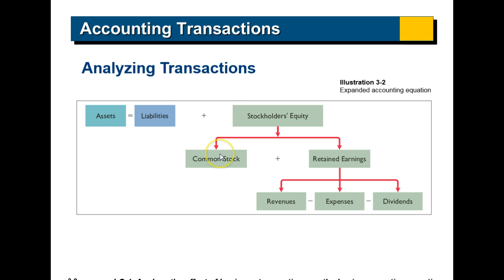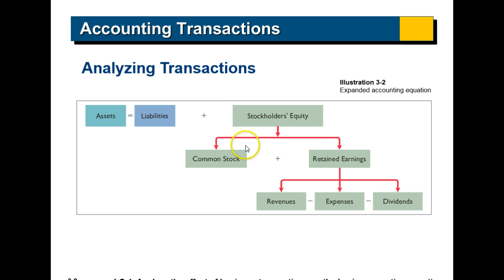Common stock or equity is the money that owners put into the company. But then there's this piece called retained earnings, and this is where your income statement ultimately flows into your balance sheet. So when you have revenues, it ultimately flows into retained earnings. Your expenses flow into there, and what you fork out for dividends flows against that.